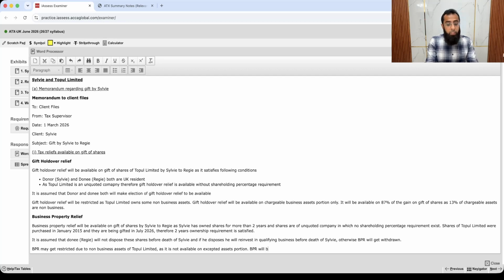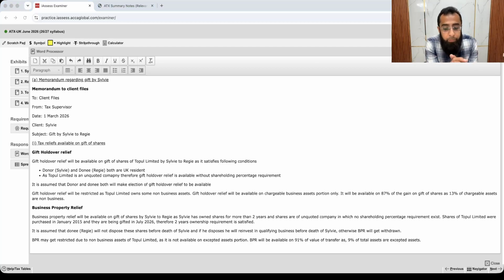BPR will be available on 91% of the value of transfer, as 9% of total assets are excepted assets. Done. So if you just look at it, we are done with 6 marks in such an easy and relaxed manner.